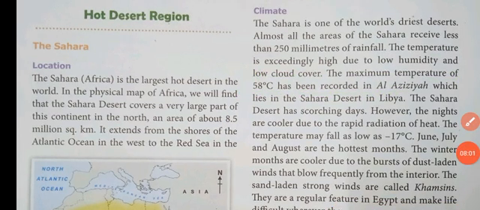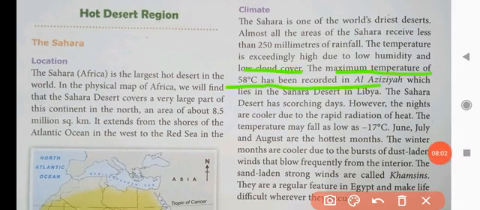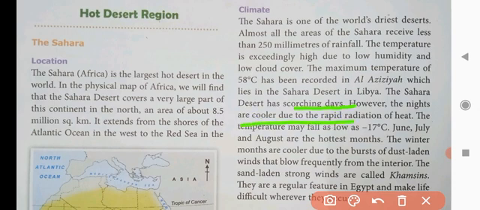Here the Sahara desert has scorching days. However, the nights are cool due to rapid radiation of heat. As you know, in the desert area, the day is very hot, and as compared to day, the night is very cold.